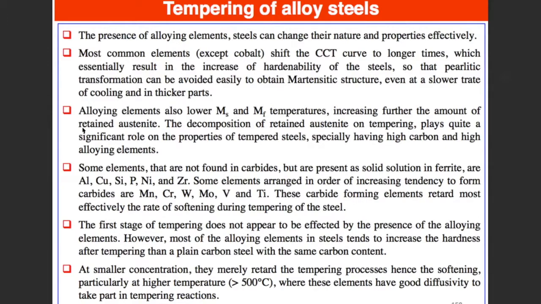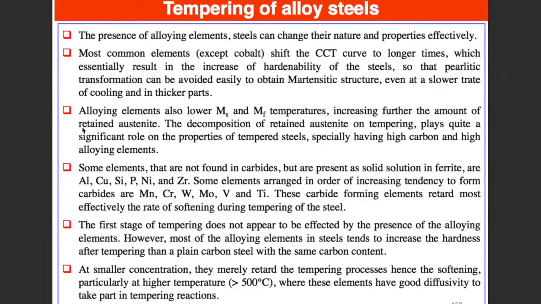All right, so we have to remember that generally our alloying elements are always going to shift our CCT curves towards the longer times, right? They're going to shift everything to the right.